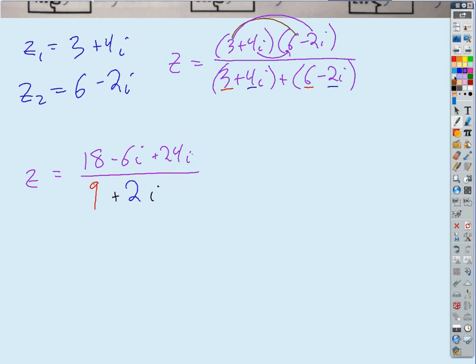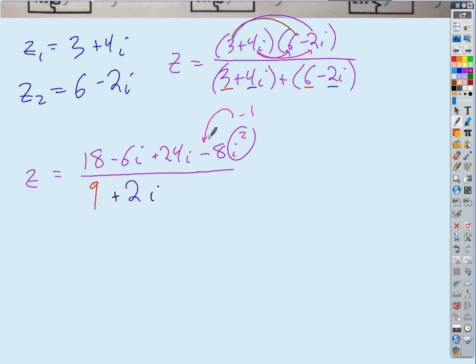And then finally, we got this last one. If I distribute the 4i to the negative 2i, what's that going to give me? Negative 8i squared. But what did we know about i squared? That's negative 1, isn't it? So all it's going to do is change the sign of that term to a positive, isn't it?